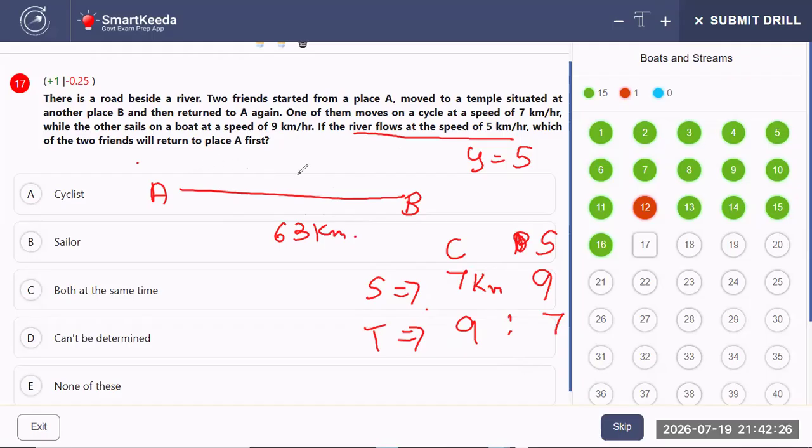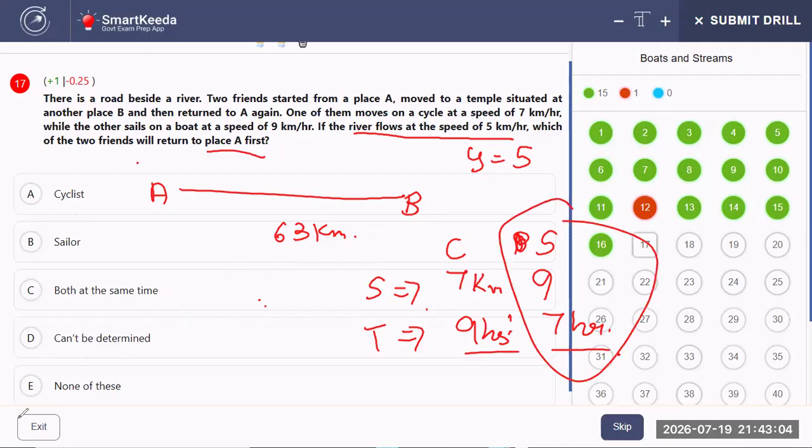Which of them comes first when returning to point A, the cyclist or the sailor? Both of them will travel the same distance, but the sailor takes 9 hours against 7 hours to travel it, so the sailor will come first.